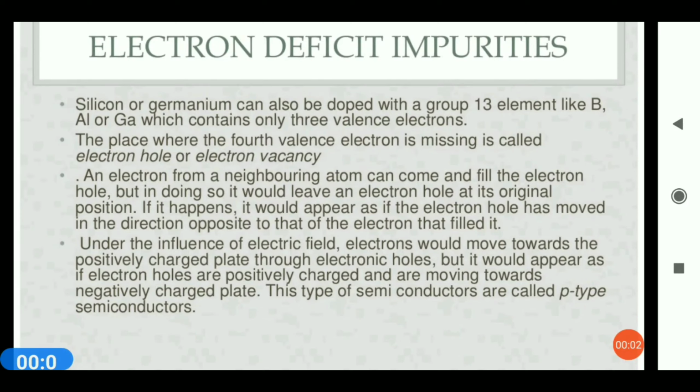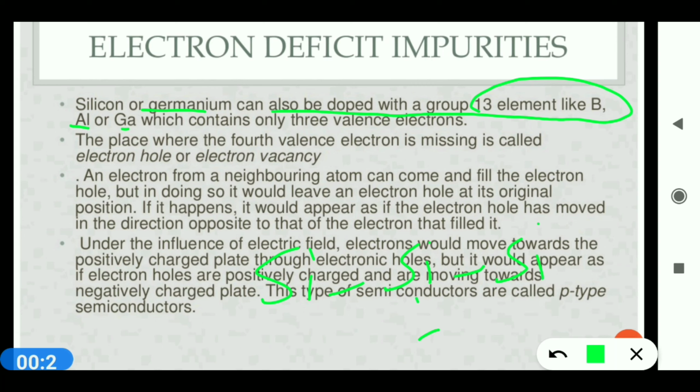Next in the category is electron deficient impurities. In this, silicon or germanium can be doped with a group 13 element like boron, aluminium or gallium, which contains only 3 valence electrons. So the silicon crystal can be doped with boron.